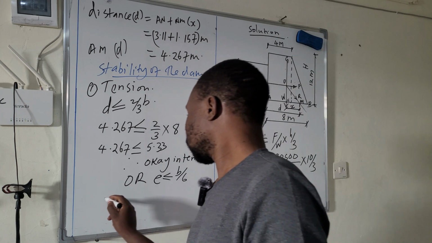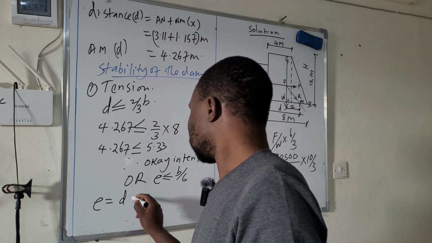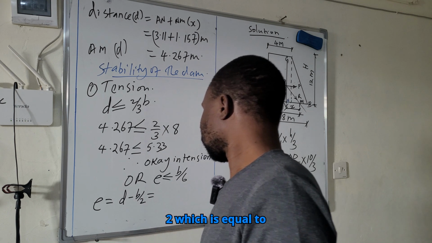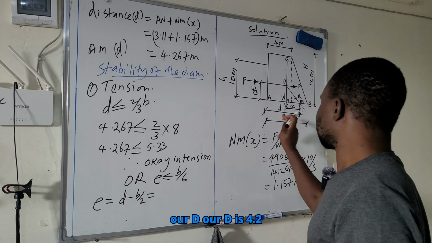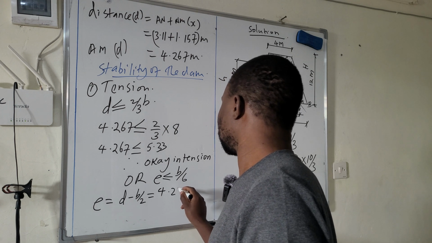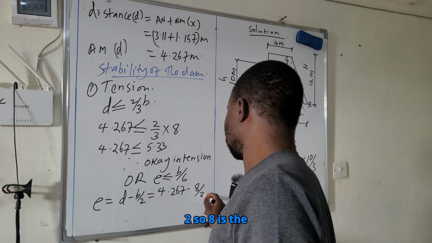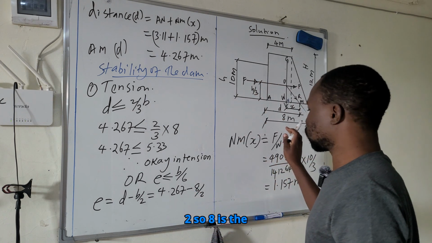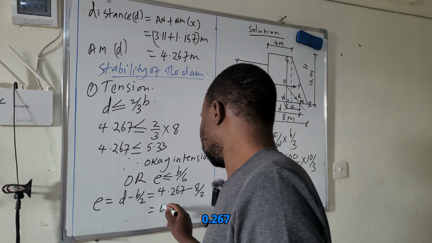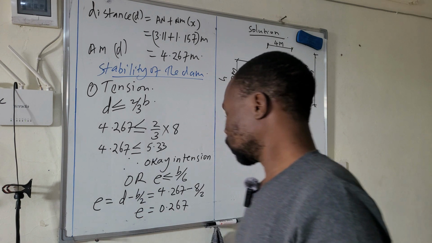So our E is equal to D minus B/2, which is equal to our D, 4.267, minus 8/2. 8 is the B, which is equal to 0.267. So this is our E.